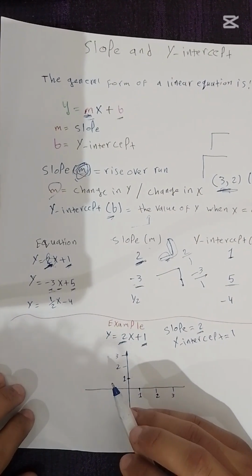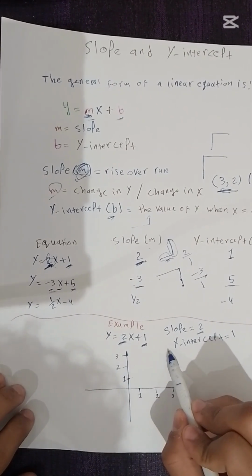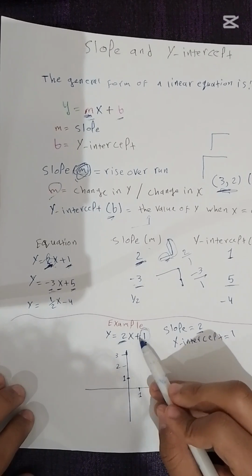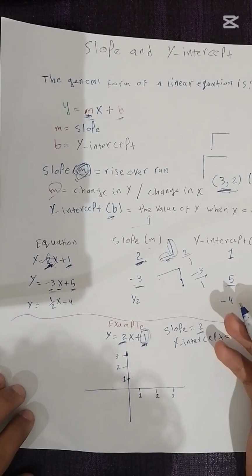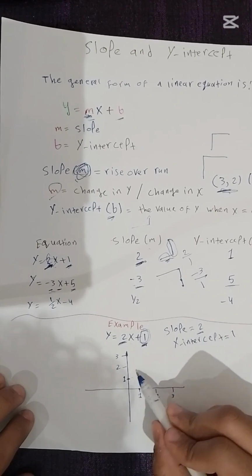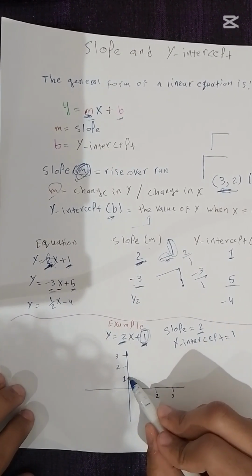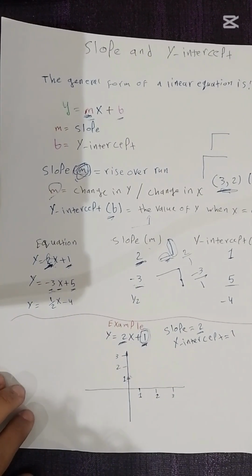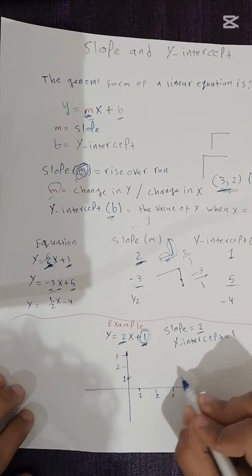As we mentioned, this means every time x increases by 1, y increases by 2. The number here at the end, the y-intercept, tells us that the line crosses the y-axis here at 1. So on the graph we start at point 0, 1.